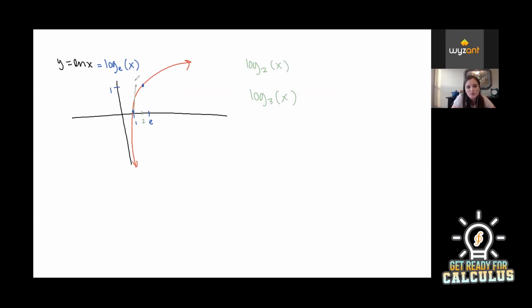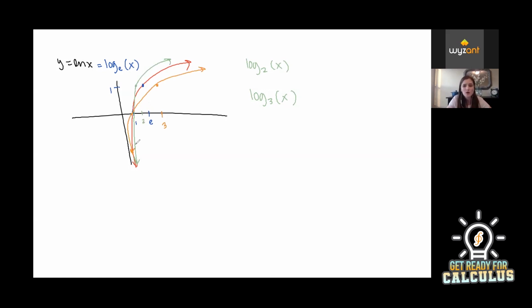It's going to go through 1, hit here, and then go to infinity this way. 3 would be on this side. At 3, it would hit 1. It's still going to go through 1, 0 here. So we can see it go this way, and then it's also going to have an asymptote there.